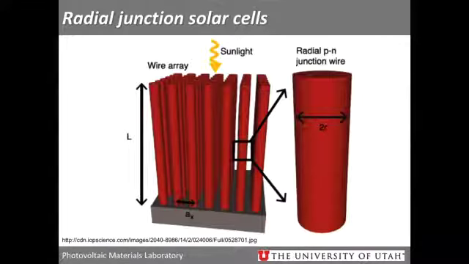So the last thing I'll talk about, and these are, again, efficiency designs, are known as radial junctions. So you have these kind of nanotube wire arrays where you have the pn-junction in a radial architecture. You can think of a p-type core and an n-type shell.